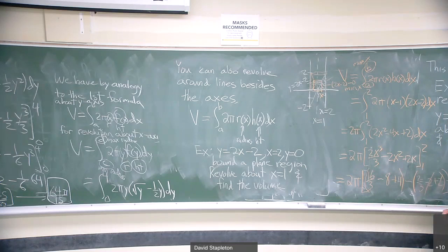Let's see. Minus 4 plus 16/3 gives 4/3, minus 2/3. It looks like it comes out to be 2/3 if I count. That's fast fractions, but anyways, just adding fractions. Times 2 pi, I guess it'd be 4 pi over 3. But the point is simply the formula generalizes.